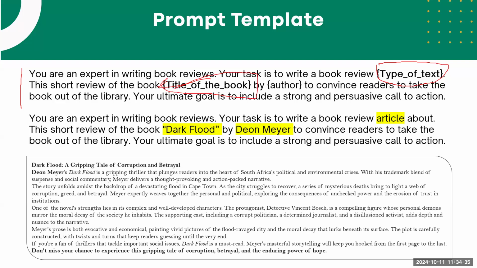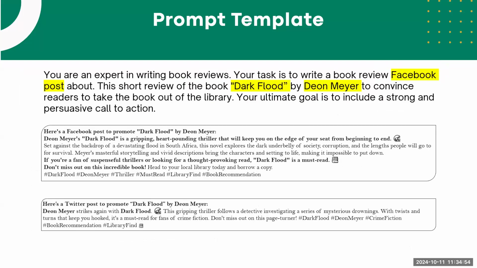And you'll see at the bottom there, this is the AI generated review of the book. So because we used the type of text option here, you'll see that in the next one, I changed it to a Facebook post.